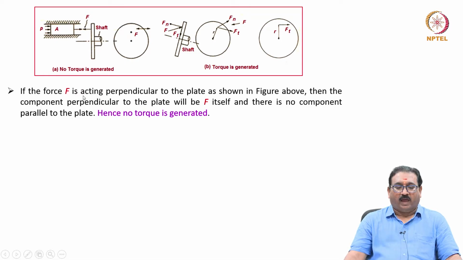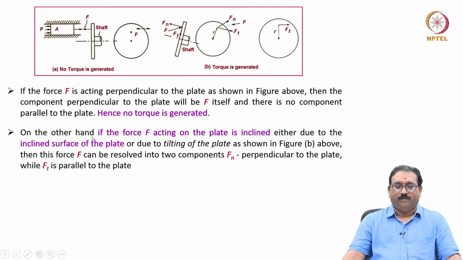If F is acting perpendicular to the plate as shown in the figure, then the component perpendicular to the plate will be F itself, and there is no component parallel to the plate, hence no torque is generated when the force is acting perpendicular to the flange of the shaft.